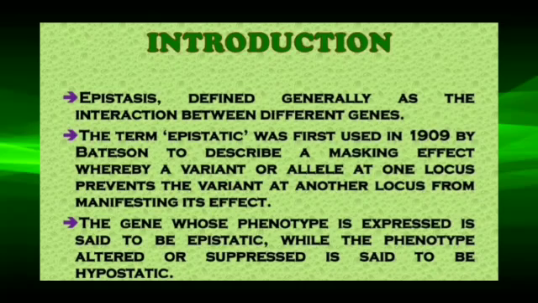The term epistasis was first used in 1909 by Bateson to describe a masking effect whereby a variant or allele at one locus prevents the variant at another locus from manifesting its effect. So, what do you mean by that? It is simply the phenomenon where the effects of one gene are modified by one or several other genes, which are sometimes called modifier genes too.